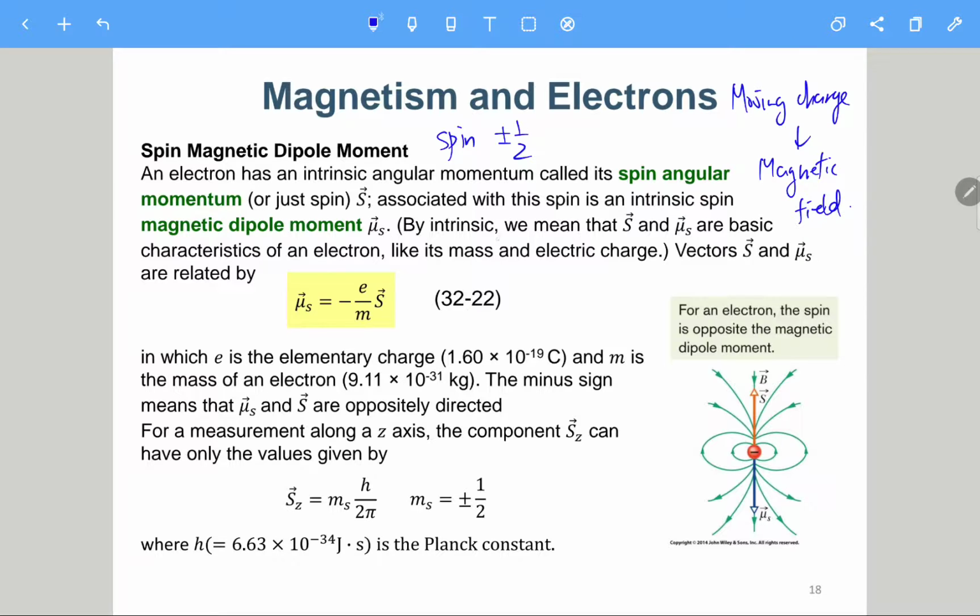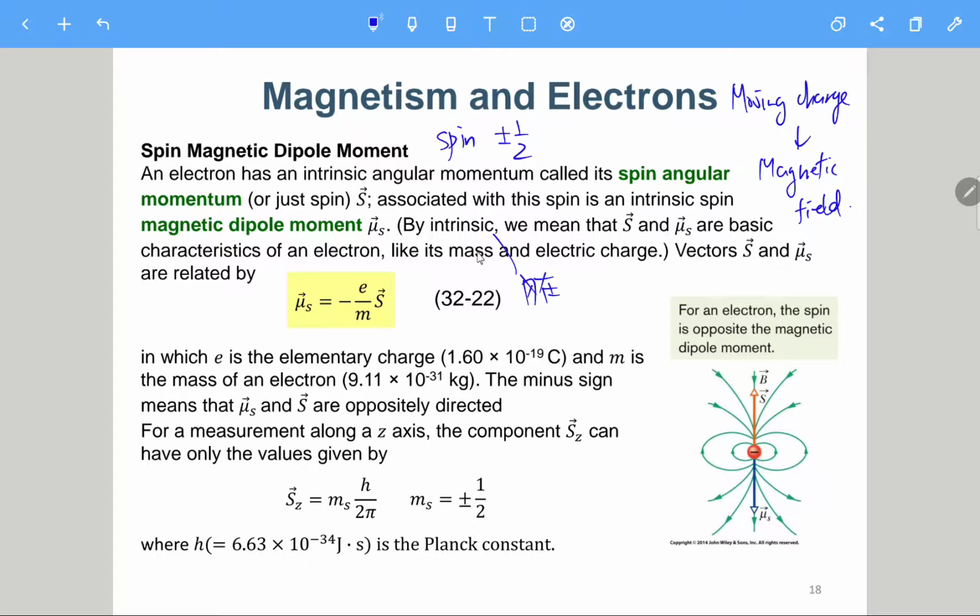Intrinsic in Chinese is called 內在. So it is something like a philosophical problem. As long as the electron exists, then the spin and also the spin magnetic dipole moment already follow the electron, like mass and electric charge. Mass is mass. As long as I have a bottle, there will be mass.